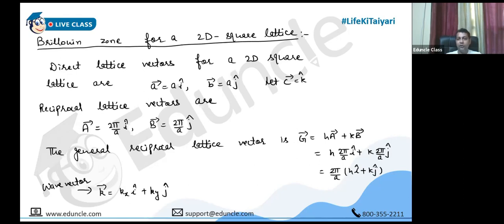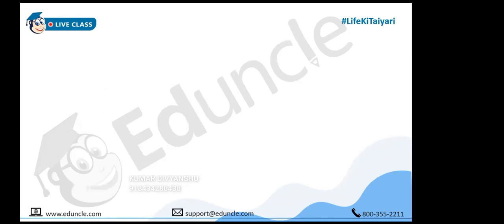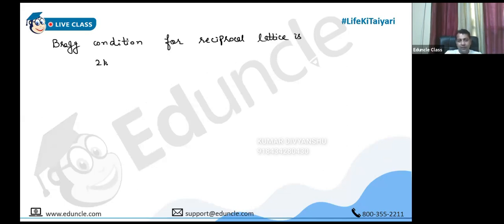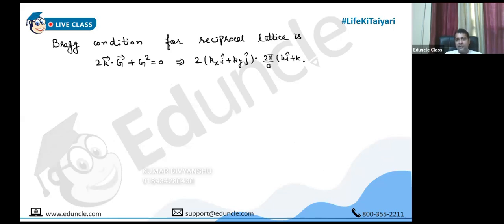Yes students, noted or not? Yes, sir. So the Bragg condition for reciprocal lattices is 2k dot g plus g square equal to 0, and this gives us 2 (kx i cap plus ky j cap) dot 2 pi by a (h i cap plus k j cap) plus g square, that is (2 pi by a) square times (h square plus k square).